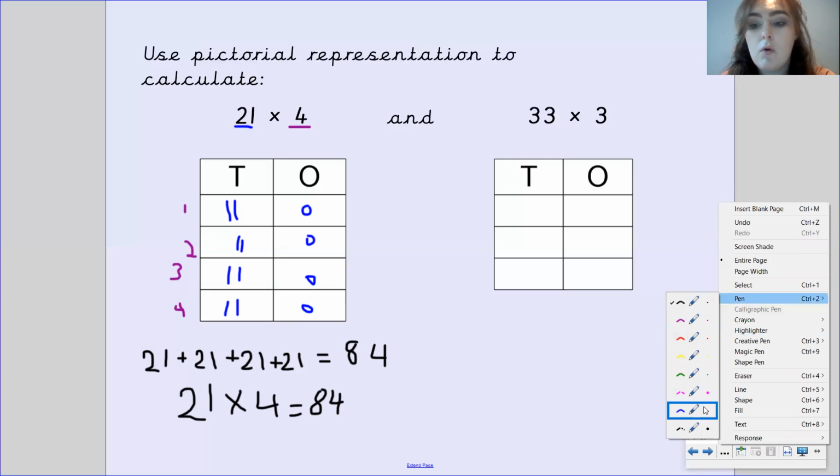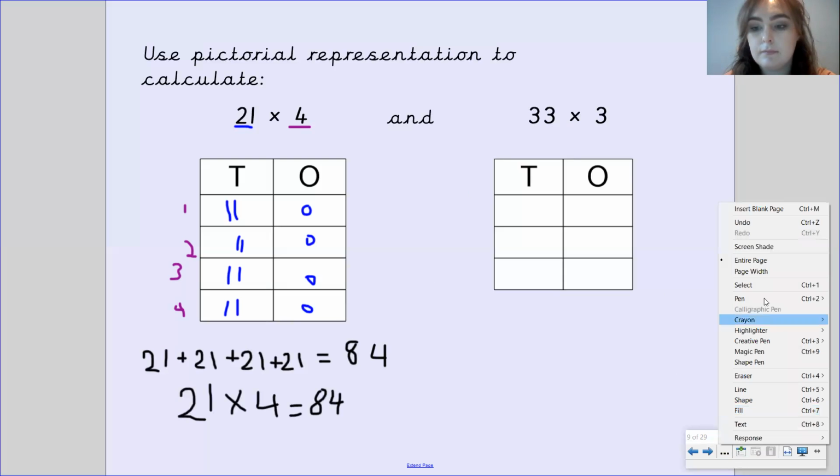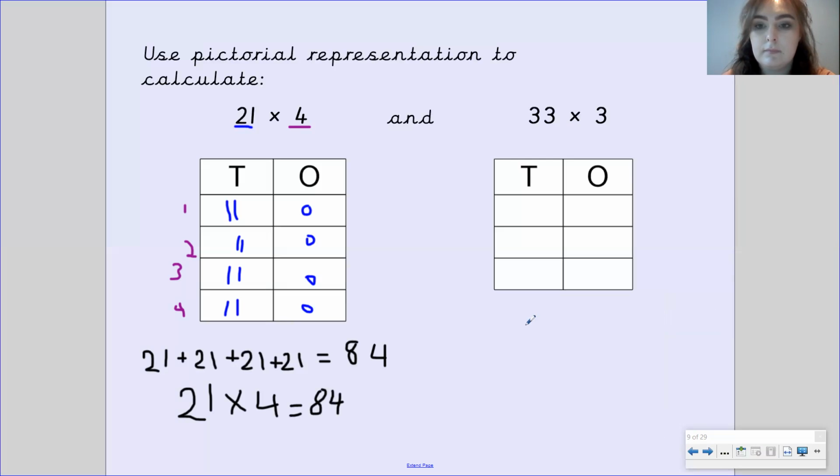Okay, now I want you to have a go at doing 33 times 3 as well. So on your whiteboard or a piece of paper, can you please pictorially represent 33 times 3? Pause the video here to have a go. Okay, so we know that we've got 3 groups because we are timesing by 3.